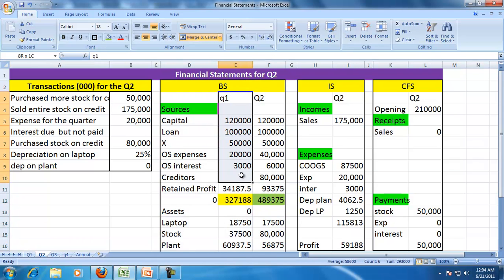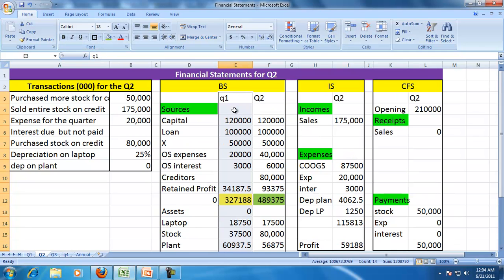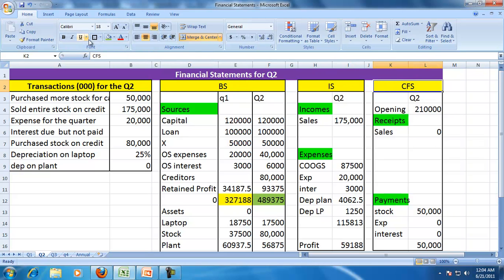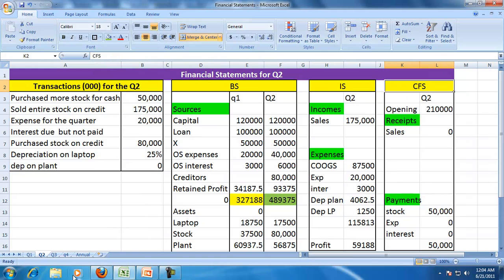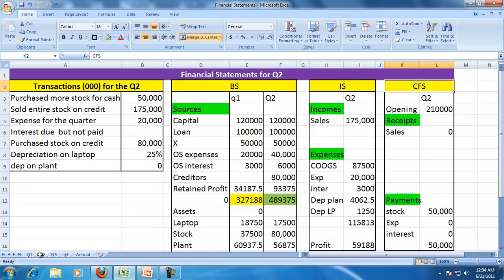So if you're able to see this, that means the business is retaining the profit of every quarter and is not distributing. Maybe they'll distribute at the end of the third quarter or the end of the fourth quarter. So the business model keeps on moving. The last quarter's balance sheet will become the opening balance sheet.